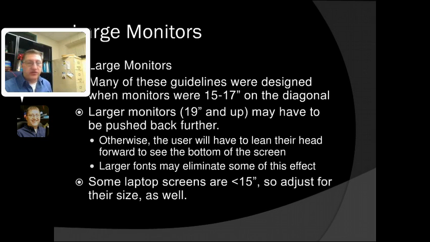So 15 inches or smaller are pretty common among laptops, especially the tiny notebooks and netbook laptops, or an iPad size screen or something like that, are very small. And so you really want to think, am I using the laptop monitor, but I had it set up at a distance that I would have for my normal 19-inch flat screen monitor? Those things don't work the same way, so don't use the same setup if you're changing between screens.